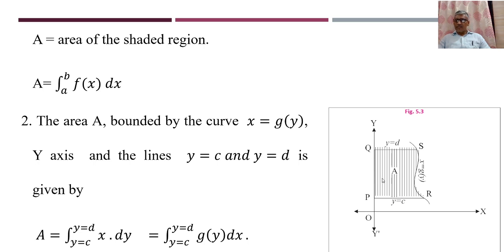Then we can find the area under the curve, this shaded region, by using the fundamental theorem of integral calculus. A equal to integration, A means area, integration to the limit y equal to c to y equal to d of the function x dy, where x is g of y.